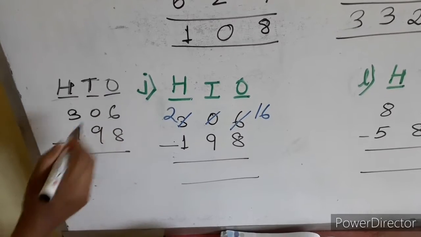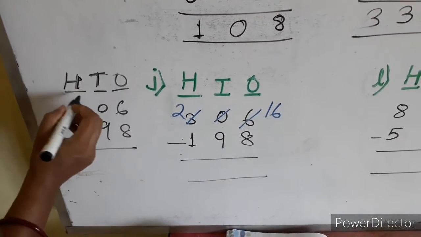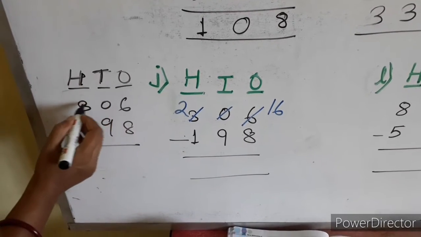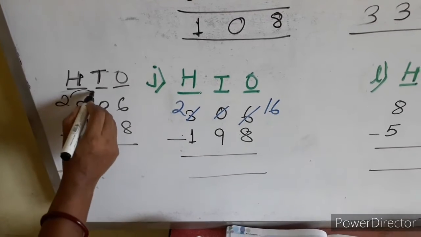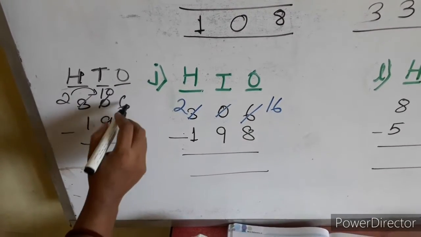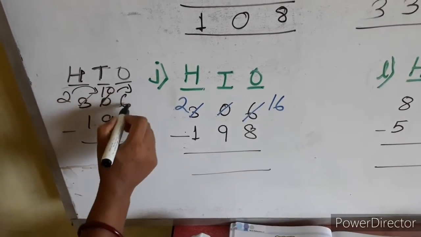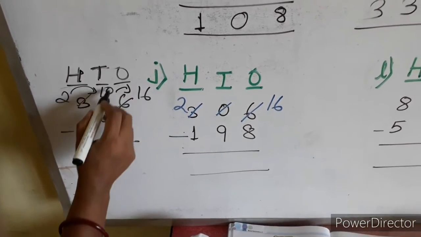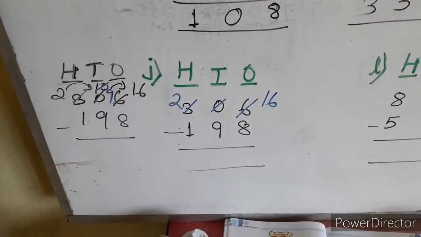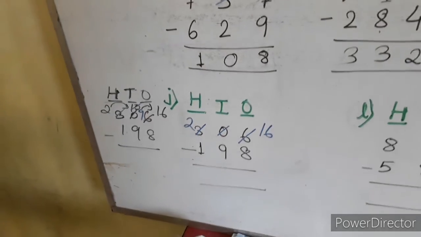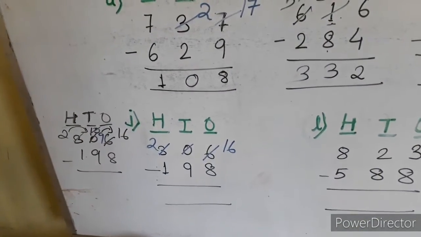As these two numbers are smaller than the lower numbers, we have to make a larger number. The tens place will take a number from the 100 place. This will be cut and it goes here, it will be 10, and again from this 10 a number comes here and this will be 16, and this 10 will be 9. I have shown it there also. Hope all of you understand.